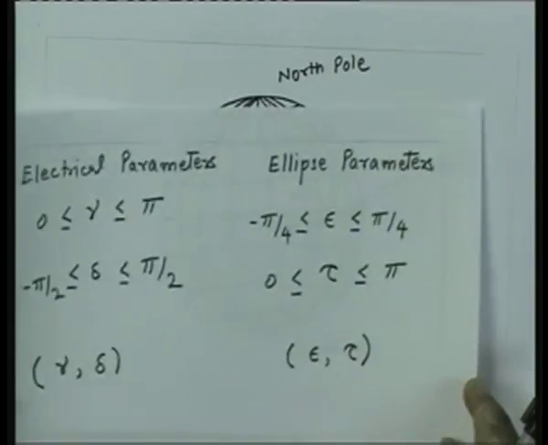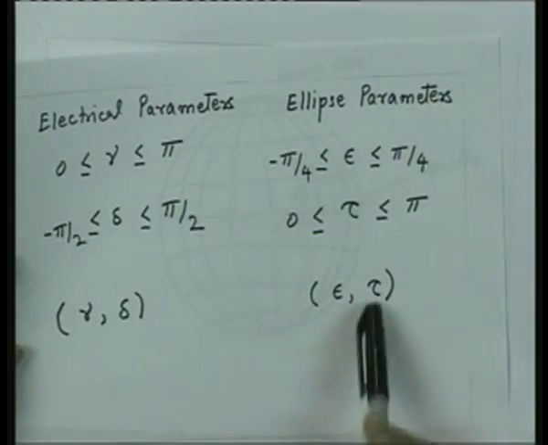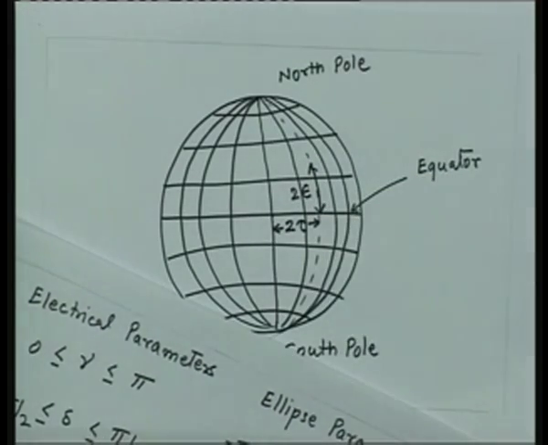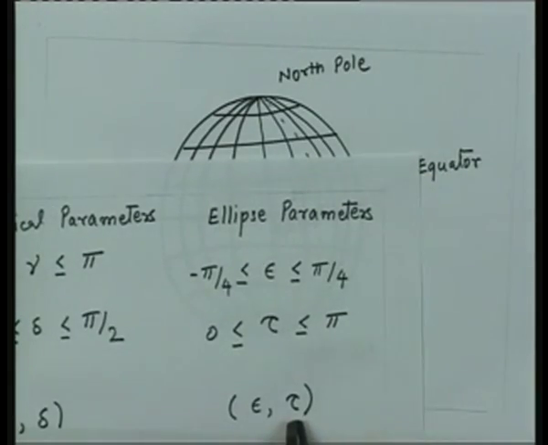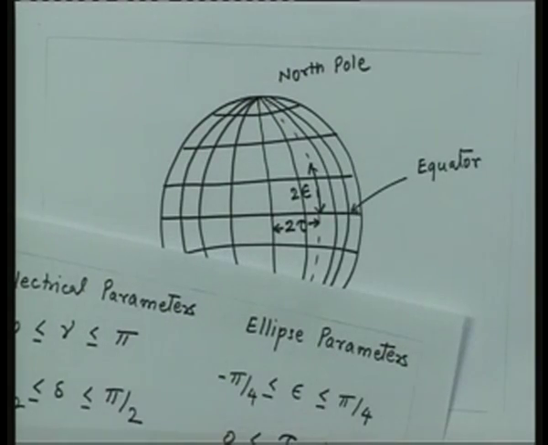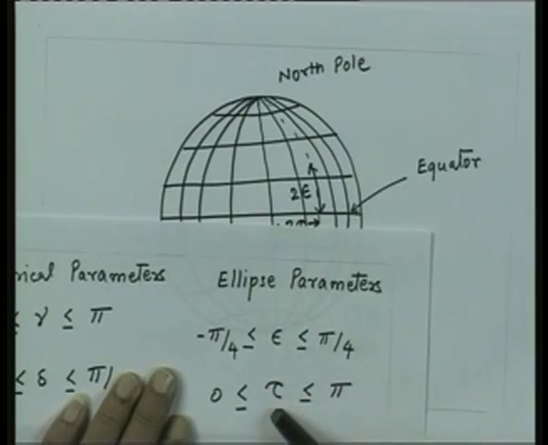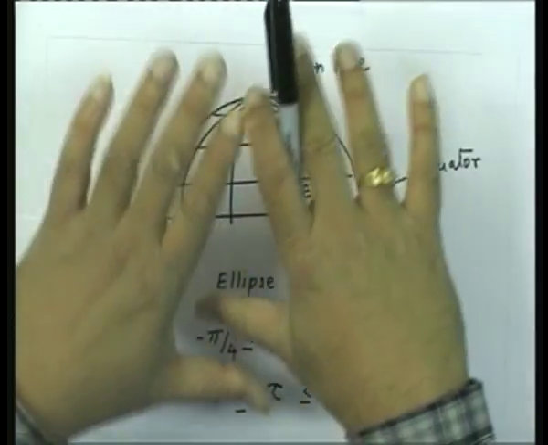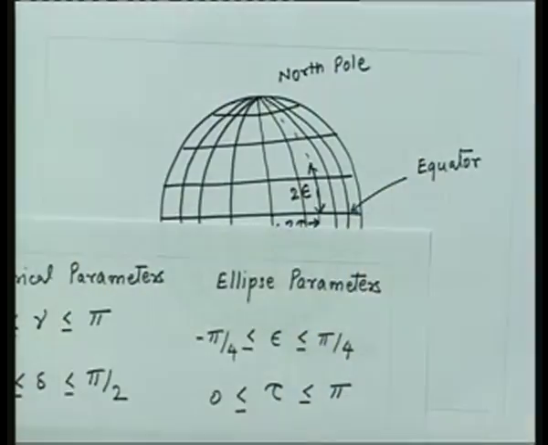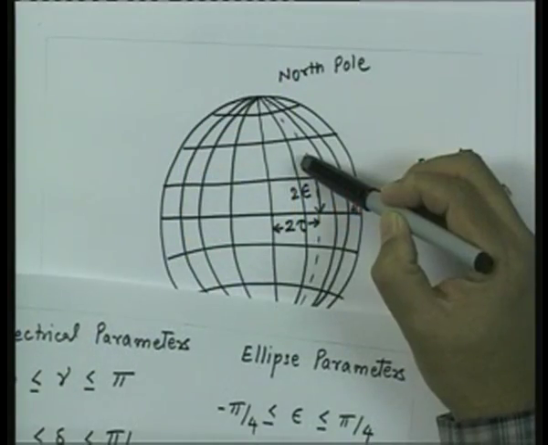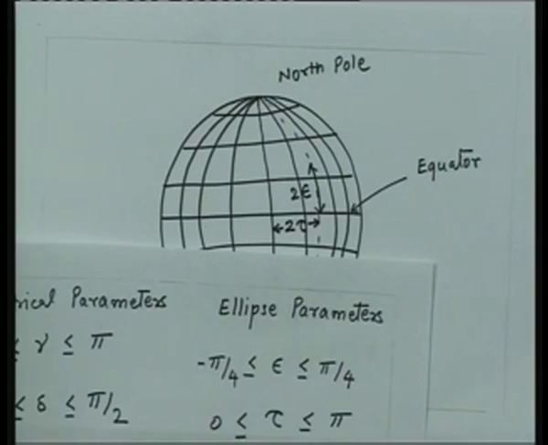So, what that means is now that if I take this pair for representation, epsilon and tau, where 2 epsilon is the latitude and 2 tau is the longitude of the point, then all possible combinations of epsilon and tau are covered by the surface of the sphere. Not only that, every point which you are having on the sphere now has a unique combination of epsilon and tau.